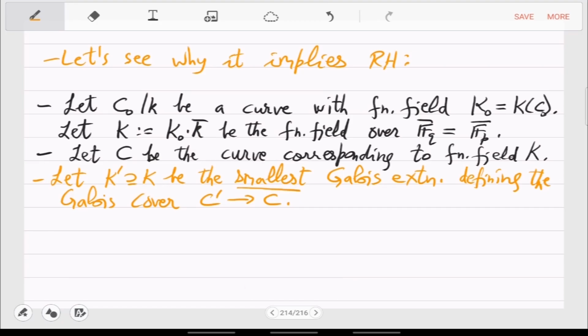So at this point we have C prime arrow C arrow P1, where this is Galois and this is Galois.